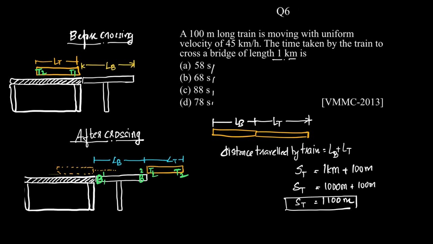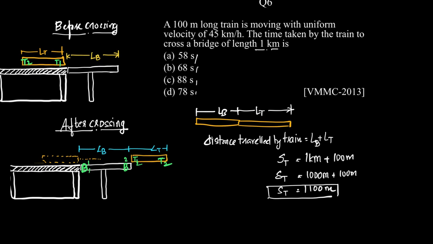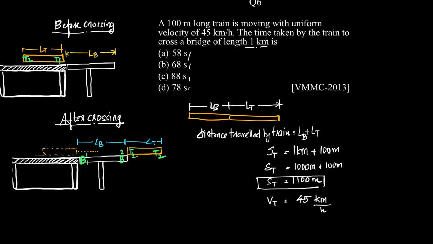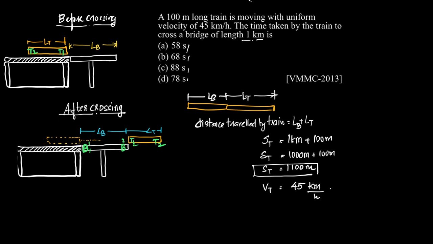Now, what is the velocity given? Velocity of the train is given to be 45 kilometer per hour, right? And what is 1 kilometer? 1 kilometer is 1000 meter. What is 1 hour in terms of seconds? It is 3600 seconds.